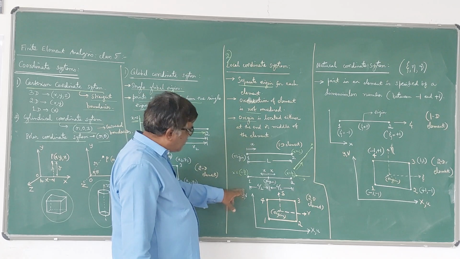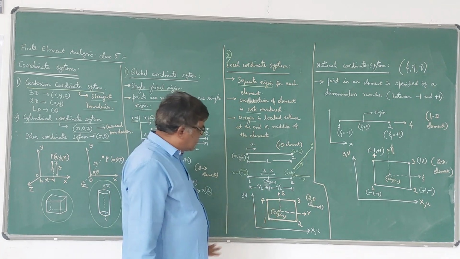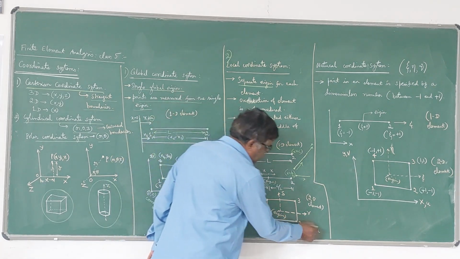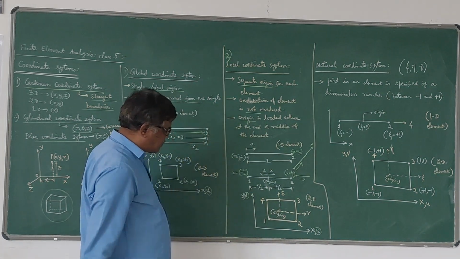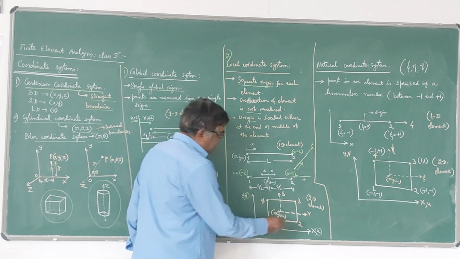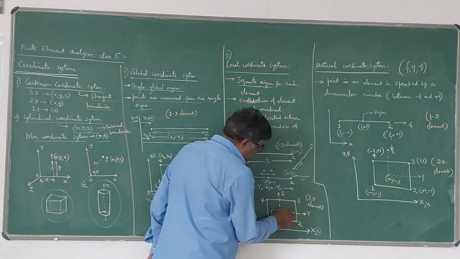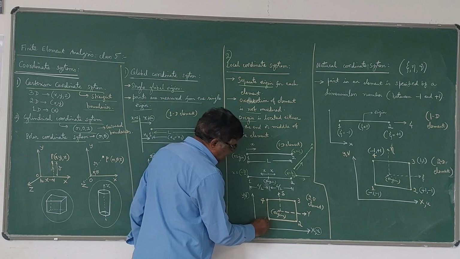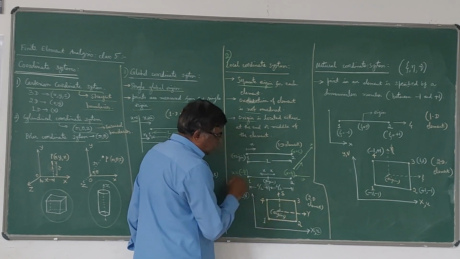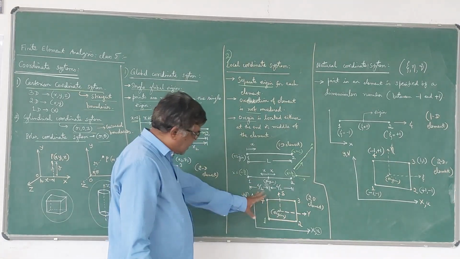Now coming to the two-dimensional element, it is taken like this. Your u and v will be there along the x and y directions as usual. You can take one quadrilateral element for a two-dimensional element. So 1, 2, 3, 4 are the nodal points of this quadrilateral element.